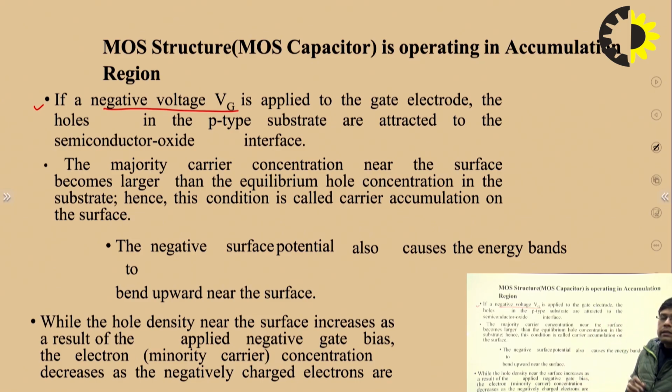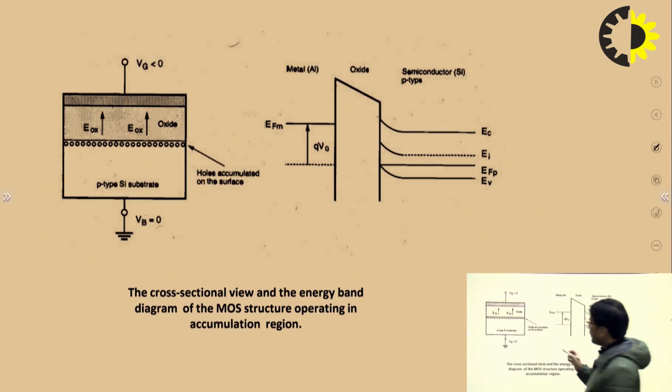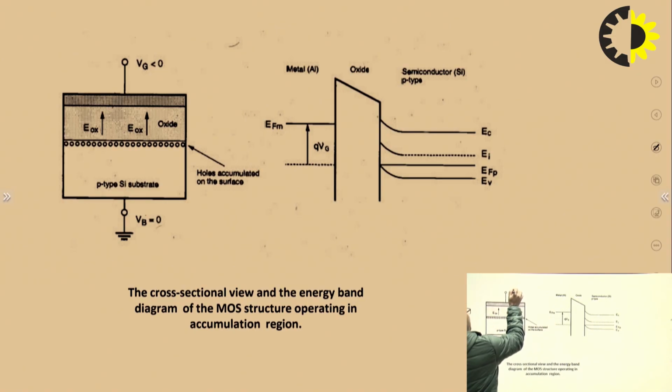We need to understand this process with the help of the energy band diagram as well. In the next slide we will see the energy band diagram. Here we have applied a negative voltage at the gate terminal, right? So all the holes, the majority carriers in the p-type semiconductor, will be attracted towards the gate terminal.